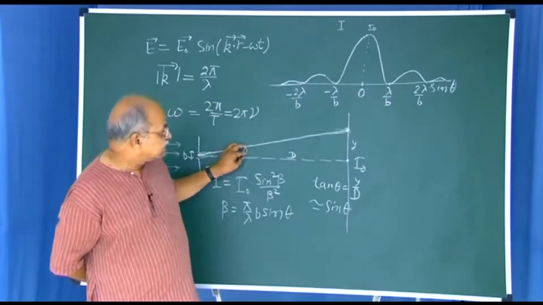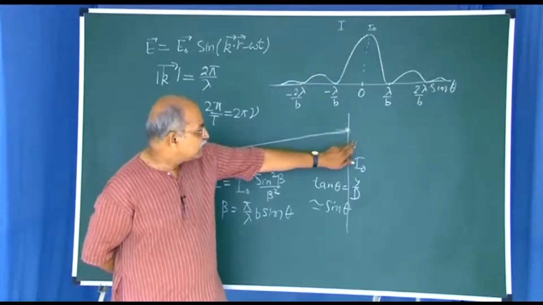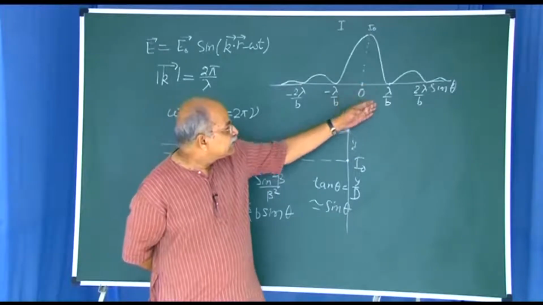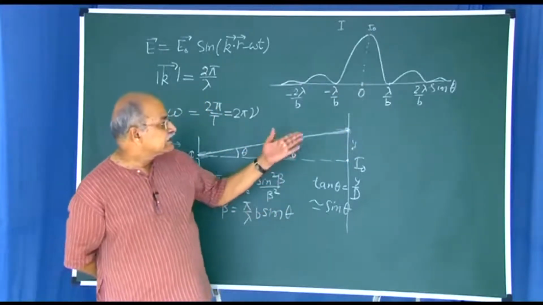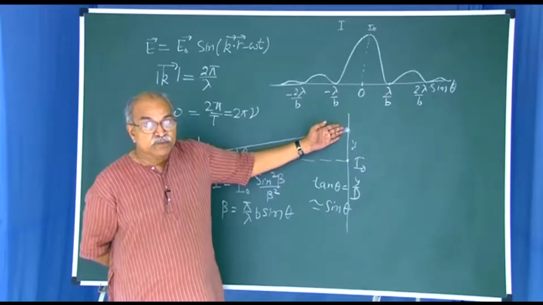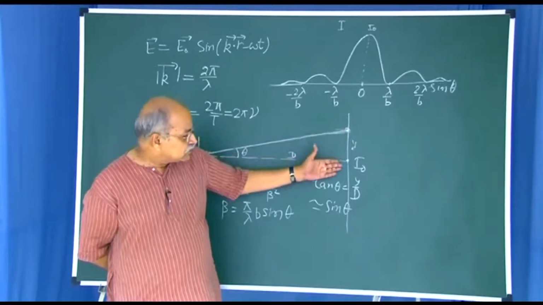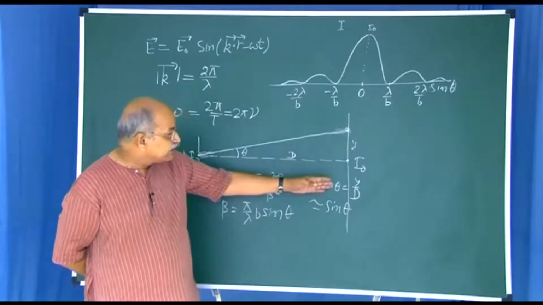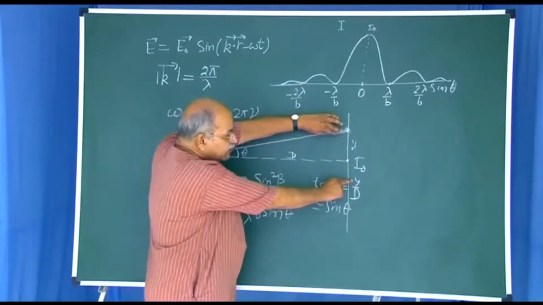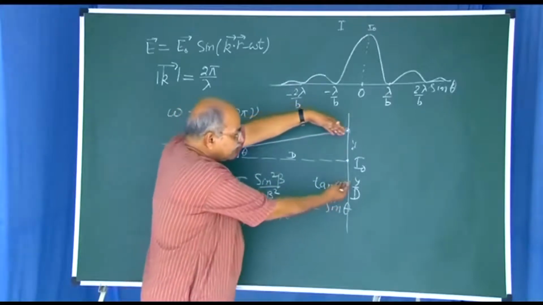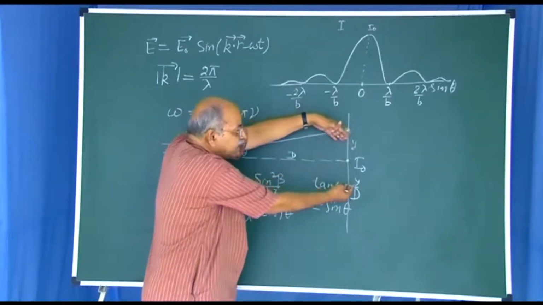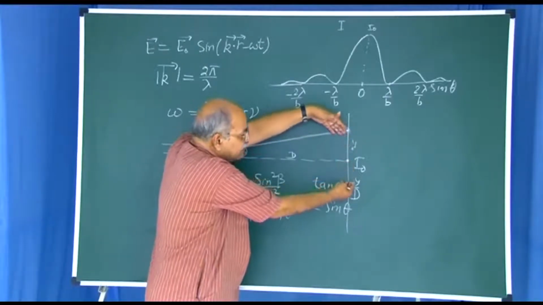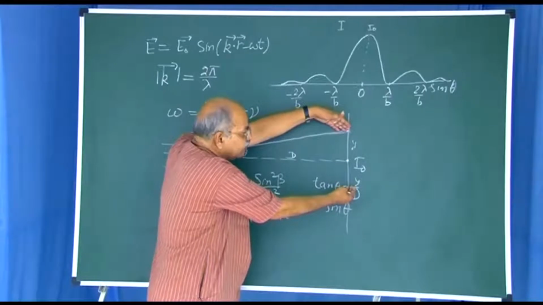When this sine theta, which is almost tan theta, which is small, y by capital D, is equal to lambda by b, then the intensity there will become 0. On the other side also, when sine theta becomes lambda by b, the intensity is 0. So from that place to that place, you will have a bright band. Maximum intensity at the center, and it will decrease and become 0 somewhere here.